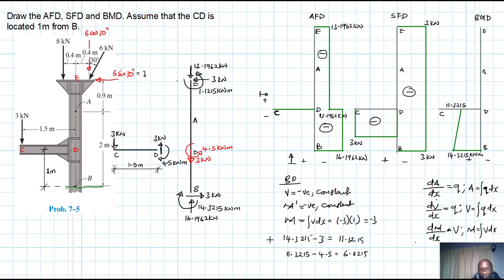It will move from there up to a certain value. This value we are saying is equal to 6.8215. Is that clear? I think so. 6.8215.